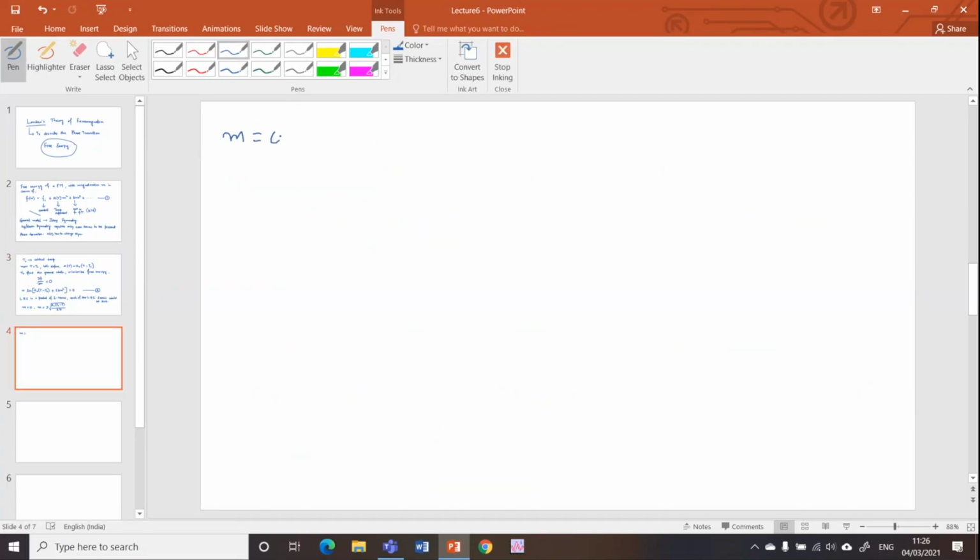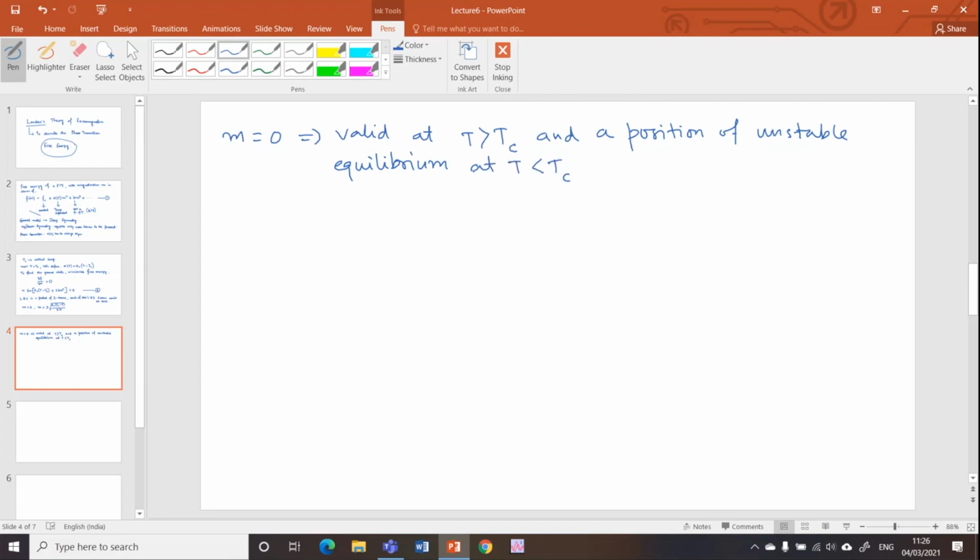So m equal to 0 is always valid at T greater than Tc, and a position of unstable equilibrium at T less than Tc. We will see this very soon.